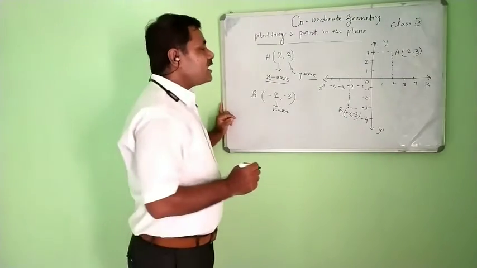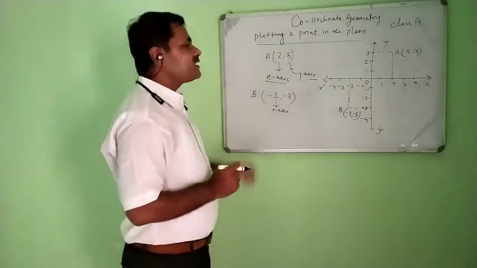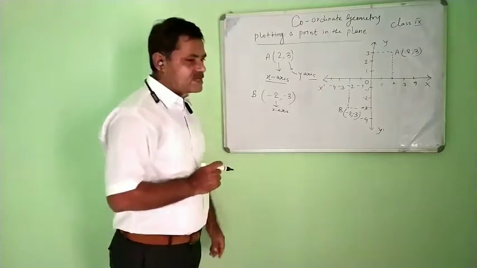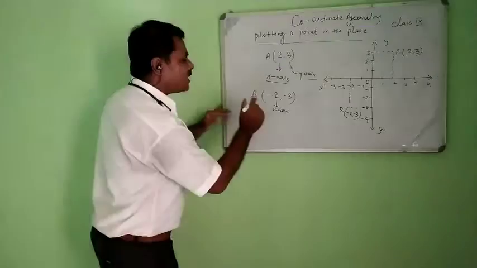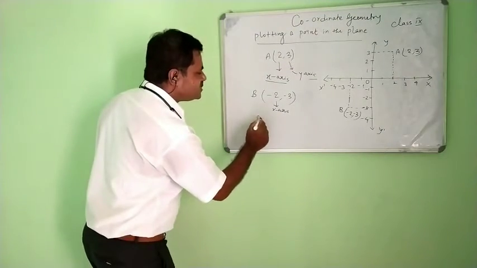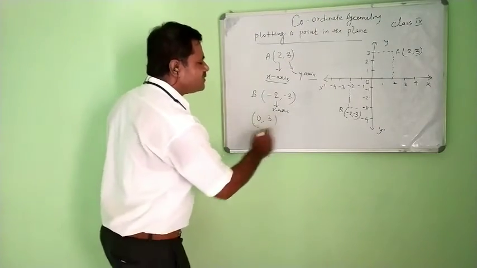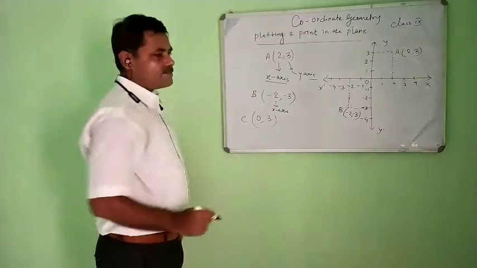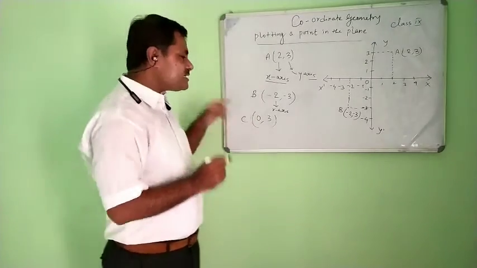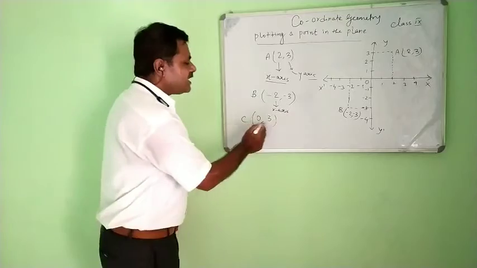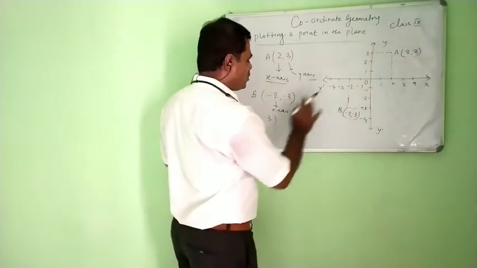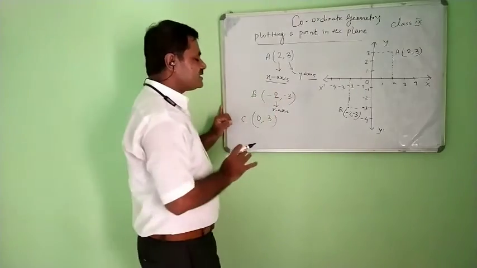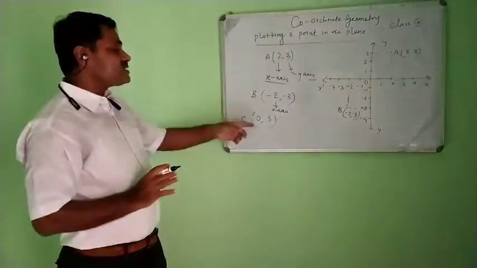So we have easily plotted the points. Sometimes you will be asked to plot the point (0, 3). As you know, this is (x, y), so x is 0 and y is 3. First we go to 0 on the x-axis, and y is 3.